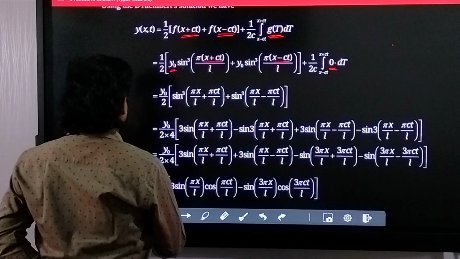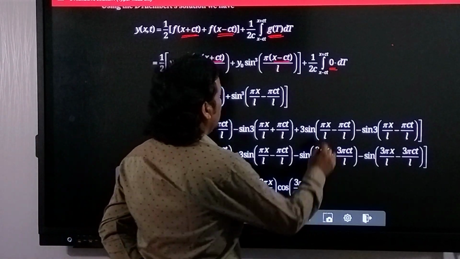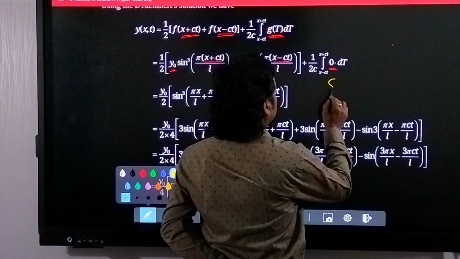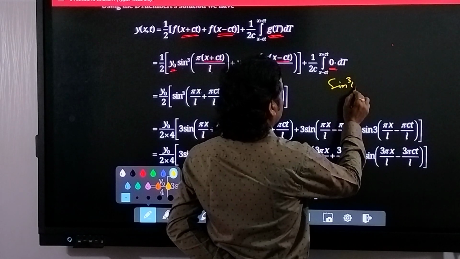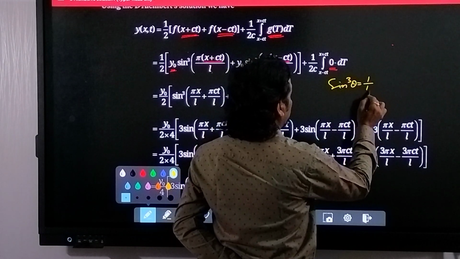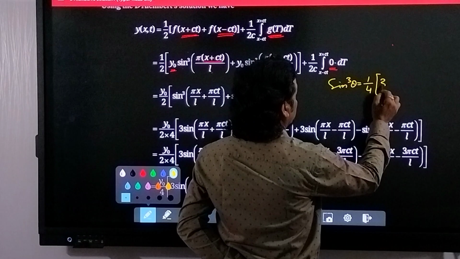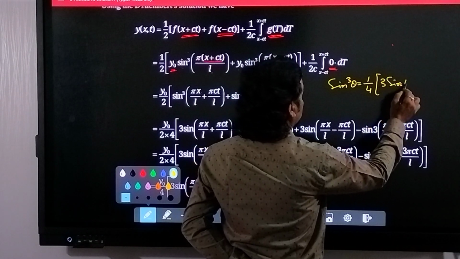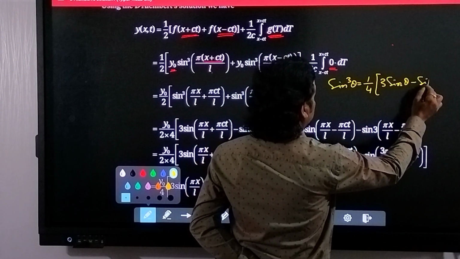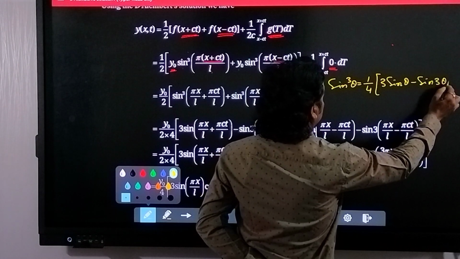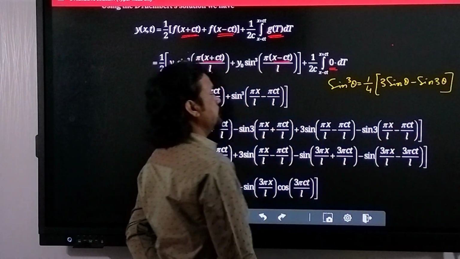See here. Sine cube theta, the formula is 1 by 4 into 3 sine theta minus sine 3 theta. This formula I am applying.